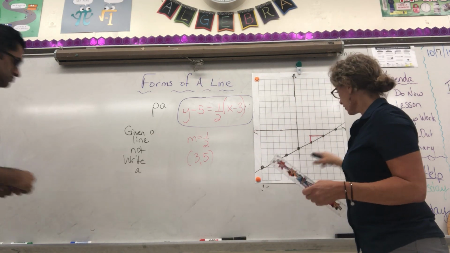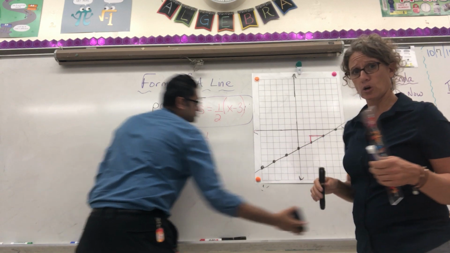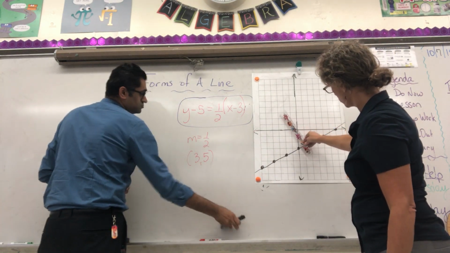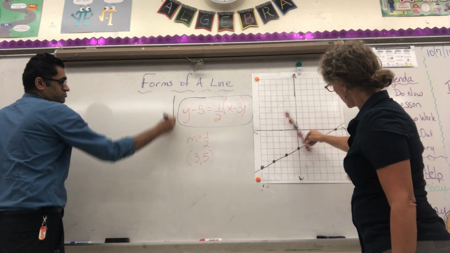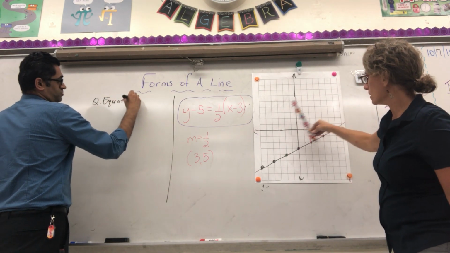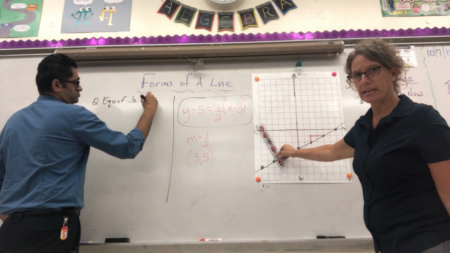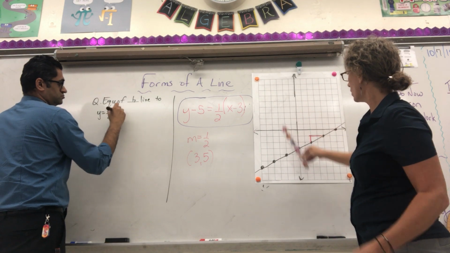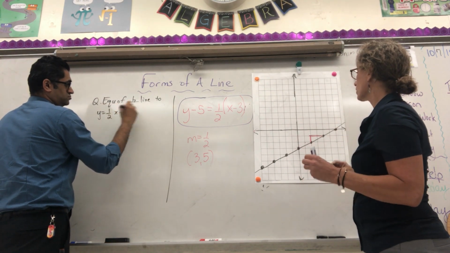Now, if this is a line with a positive slope, and I'm trying to write a 90-degree angle to this, I'm hoping that everyone at this point is going to understand and see that my slope is going to be negative. Okay, so I'm going to pick a point off this line to draw a line and write an equation through it.